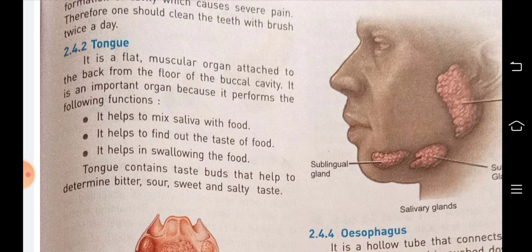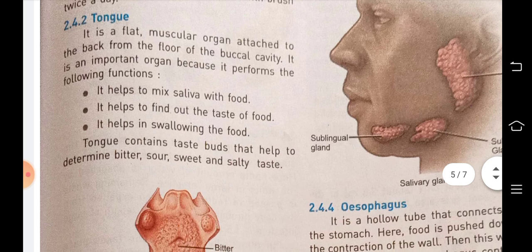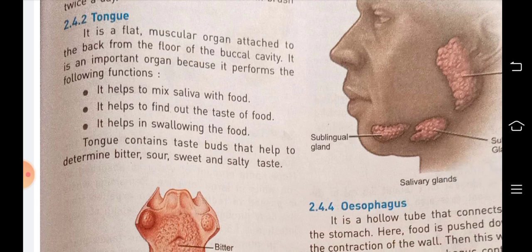Next is tongue. It is a flat, muscular organ attached to the back from the floor of the buccal cavity. It is attached to the back and the front part is movable, it is free to move. It is an important organ because it performs the following functions.